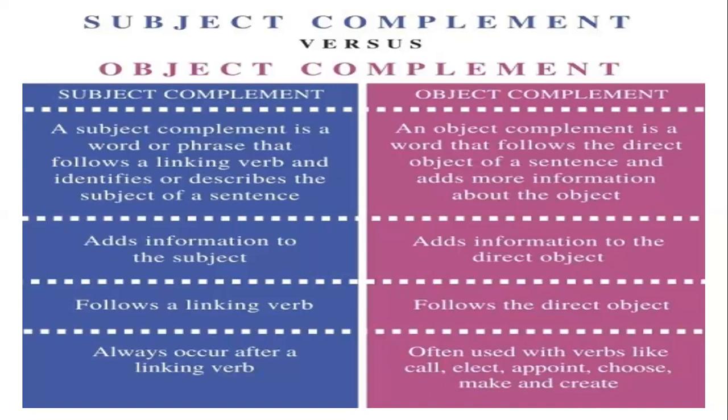Then a subject complement always occurs after a linking verb. And an object complement is often used with verbs like call, elect, appoint, choose, make, and create, often, but you cannot say always. If this chart is fixed in your memory, then you will easily differentiate between subject and object complement.